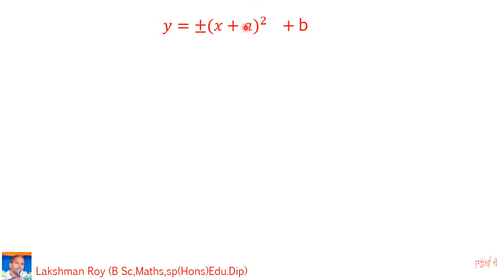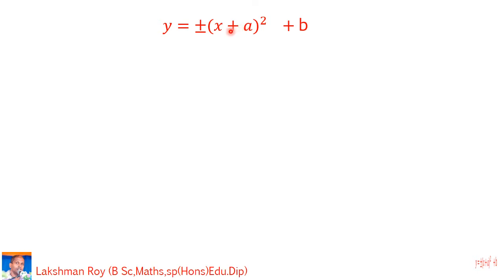So if you arrange this type of quadratic function, you can get a real idea about the equation of the axis of symmetry and the minimum or maximum value, right? And the first one is also important: whether it is a parabola of minima or maxima, and the coordinates of the turning point, right?